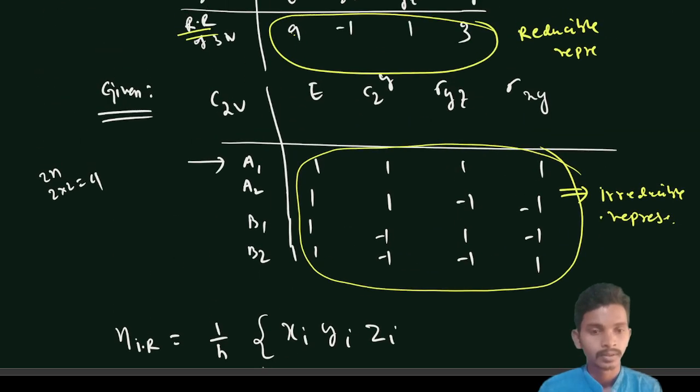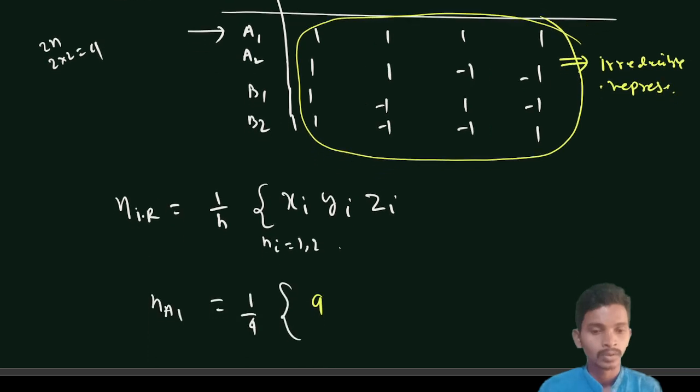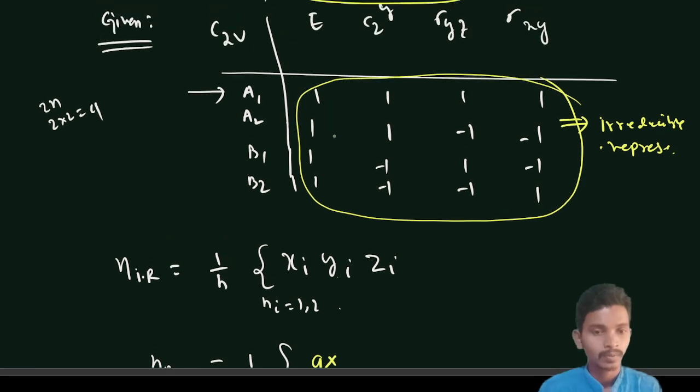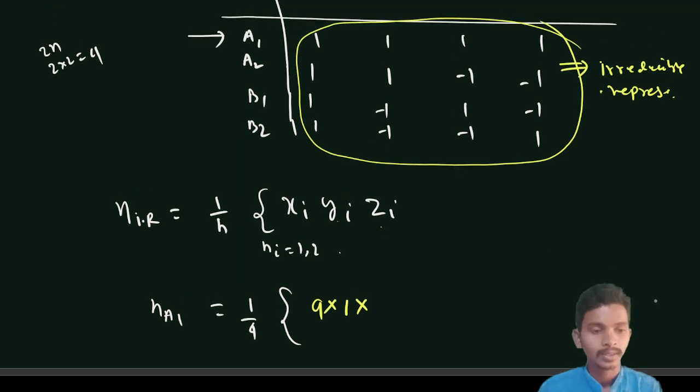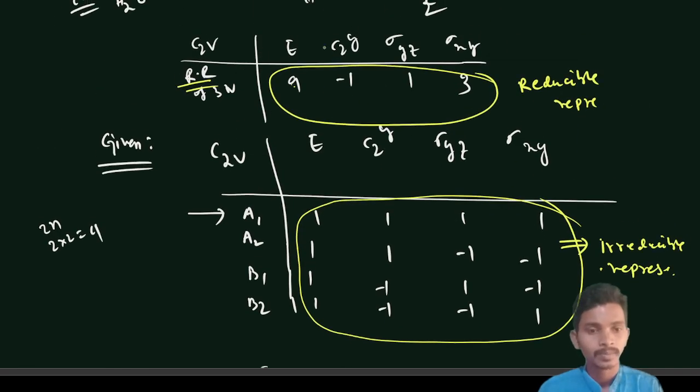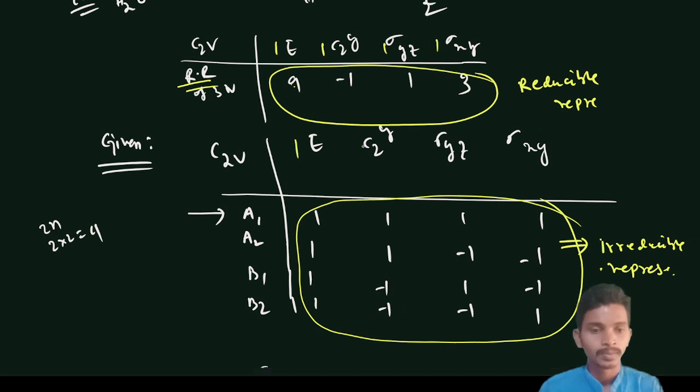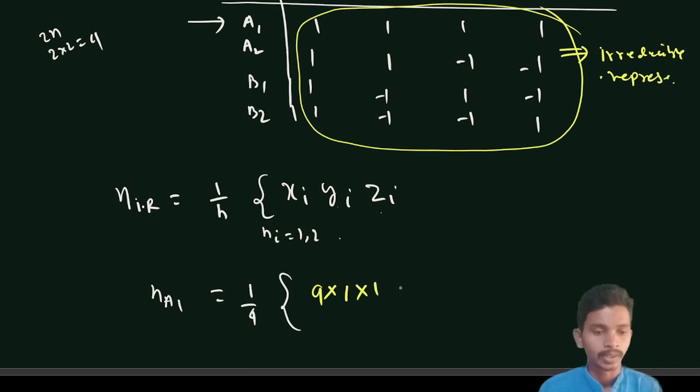After that I will go for yi, the irreducible representation. For A1 it is 1, so I will use 1. After that I will use the coefficient of the symmetry elements. Here the coefficient is 1, so that will be 1.